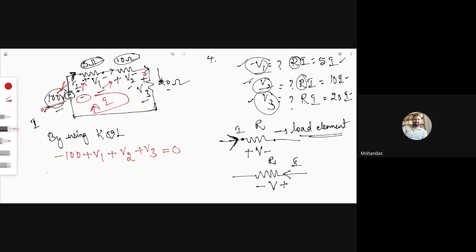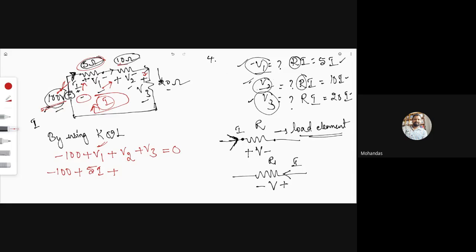Now, according to Ohm's law, minus 100 plus what is V1? I into R. Current I is the unknown current, and R is 5. So 5 into I, plus what is V2?